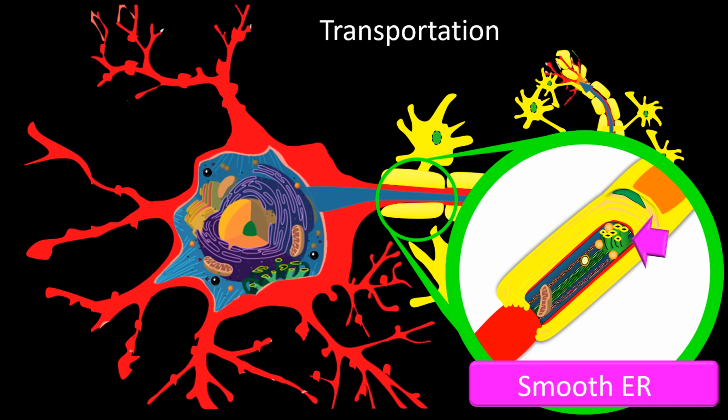Most authors I have read do not think that rough endoplasmic reticulum or free ribosomes are present in axons, but others believe that they are present in a small amount.